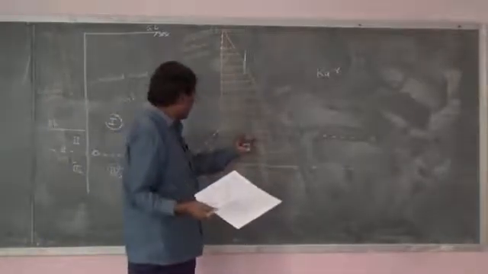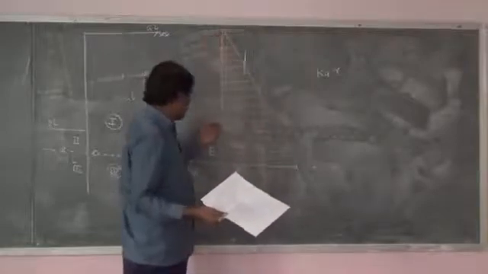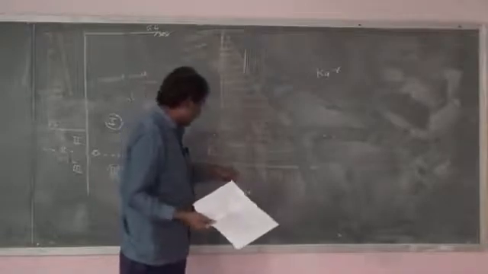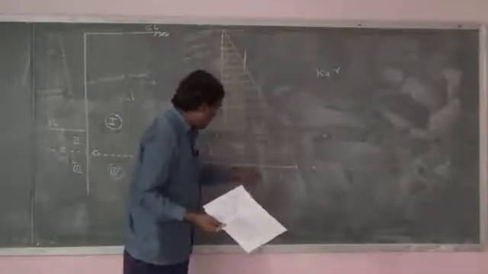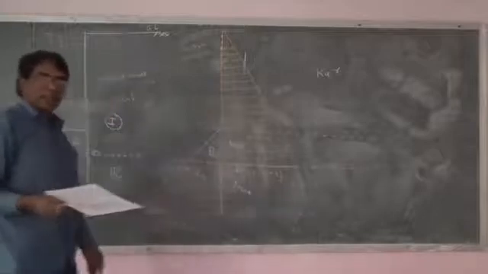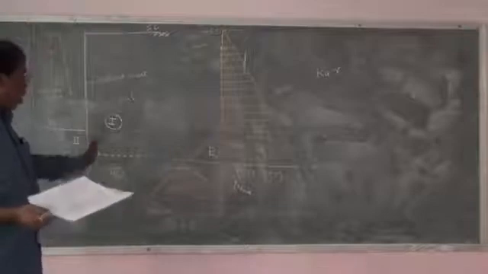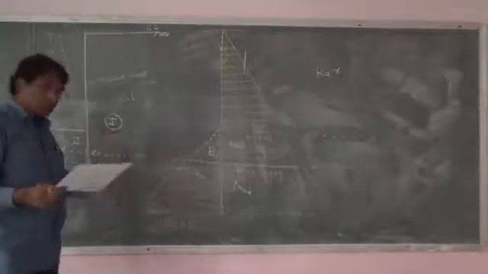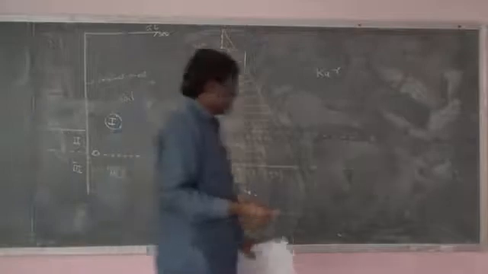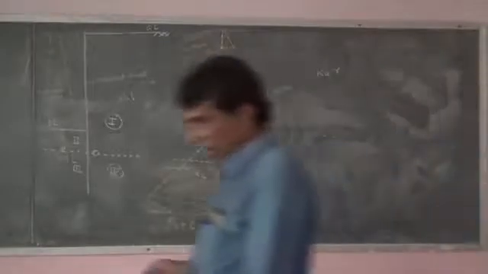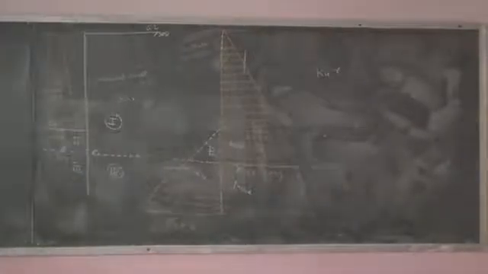So this is Ka gamma h, because height from here to here is h, and from here to here again a is there. The base of the triangle is Ka into gamma into (h plus a). This is all about the active pressure diagram. In a similar way, I will now draw the passive pressure diagram.